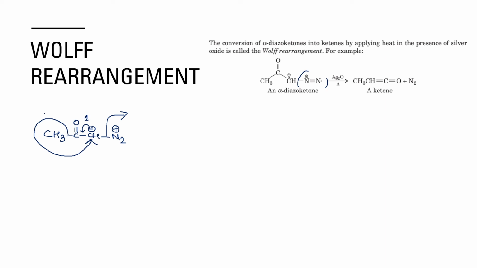So 1, 2, 3, and it creates CH3, CH, double bond C, double bond O plus N2. This is a ketene.